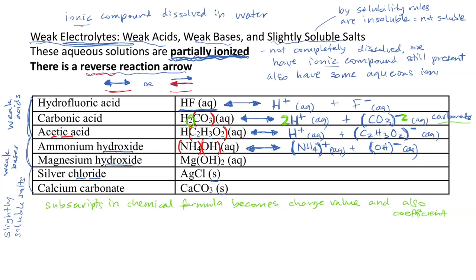For magnesium hydroxide, the next one, you already have hydroxide in parentheses, so you don't need to add any parentheses. When this breaks apart, it becomes Mg2+, that's aqueous, and then also OH minus, that's aqueous. Outside of the parentheses is that 2. So that 2 becomes a subscript and also a coefficient.